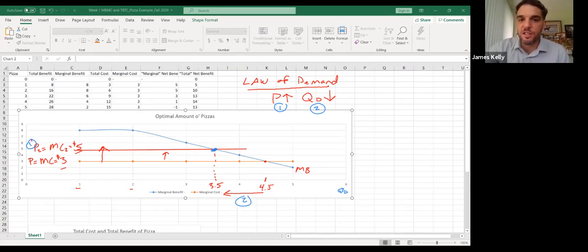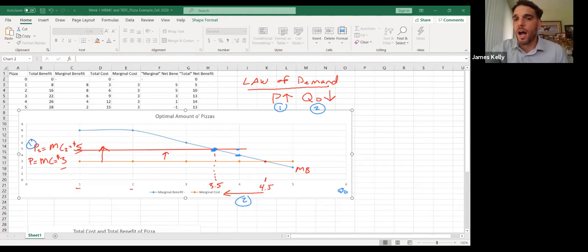Your marginal benefit now has to be higher for you to want to consume that piece of pizza. For the fourth piece, your marginal benefit is only $4. With the cost being $5, it doesn't make sense to consume it. You can see graphically that the benefit of the fourth piece is less than the marginal cost, so you don't consume it. You only consume up to 3.5 slices.